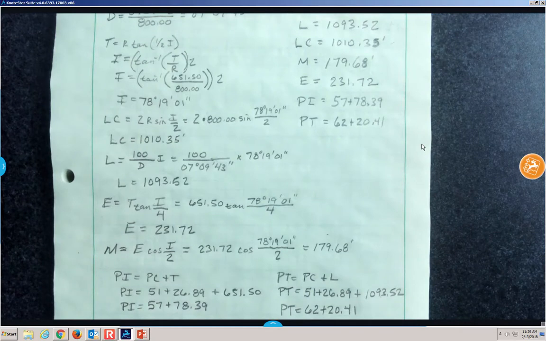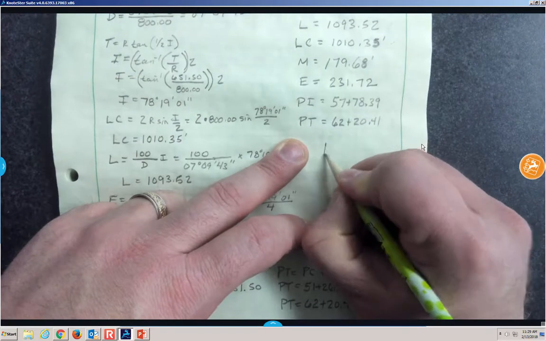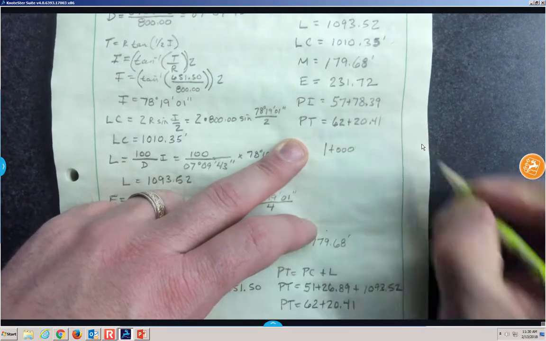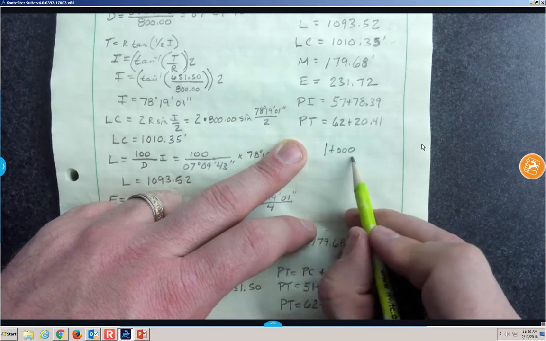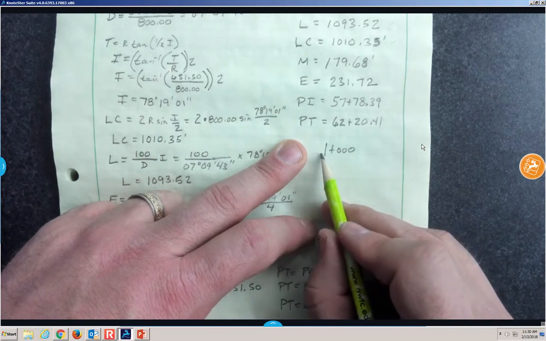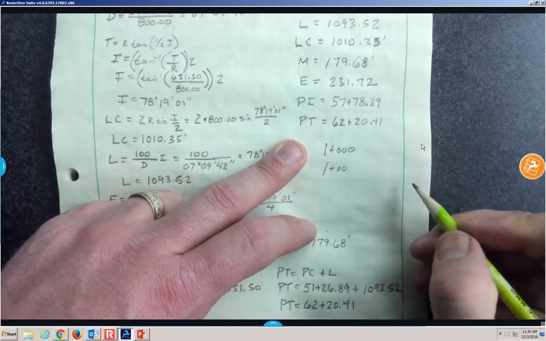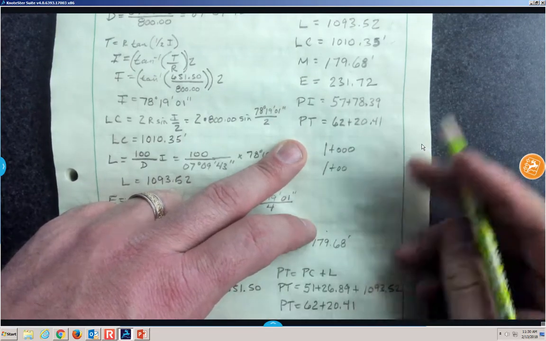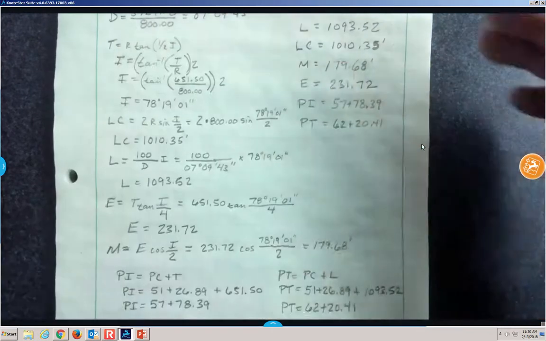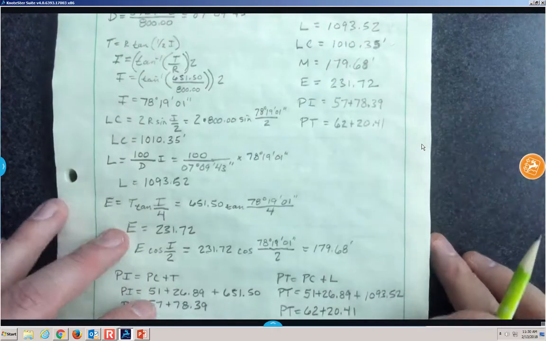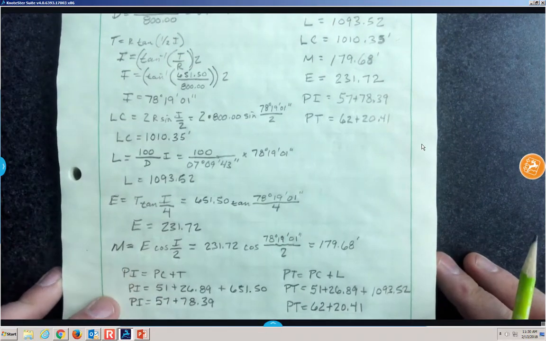If we were in meters, it would be labeled like 1 plus 000, because that would be 1,000 meters, so they put the plus out ahead of it. Because we're in feet, we do 1 plus 00, so that's 100 feet. But we'll always work in feet, so don't worry about the meters thing. I'm not going to throw a zinger at you and have you work in meters.